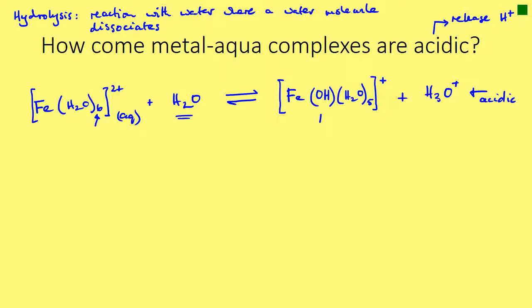That's it here. It remains as a ligand in the same complex, but it's released its proton, and that proton reacts with an adjacent water molecule, not one of the ligands, but a wandering water molecule, and makes a hydroxonium ion, which is this H3O+ here.